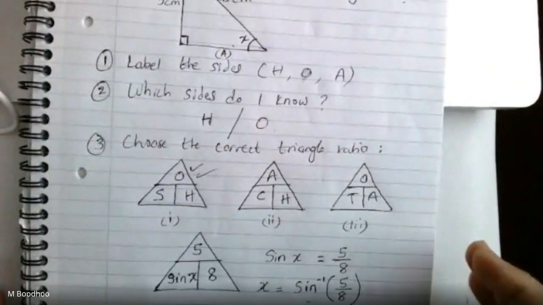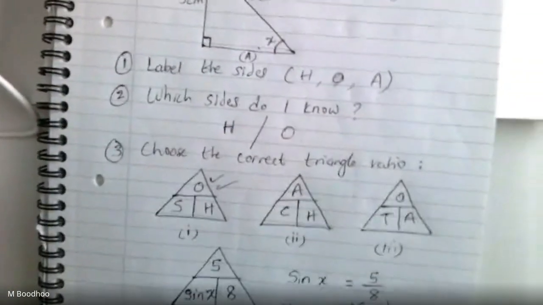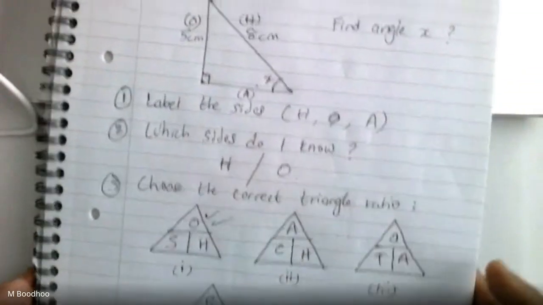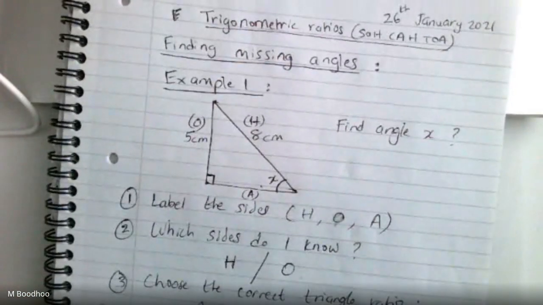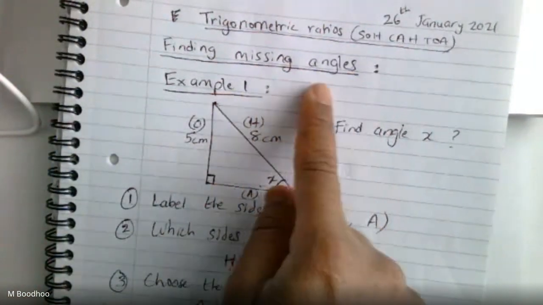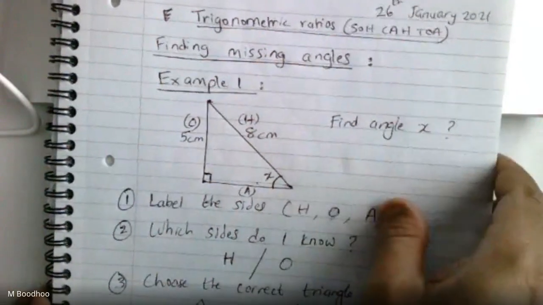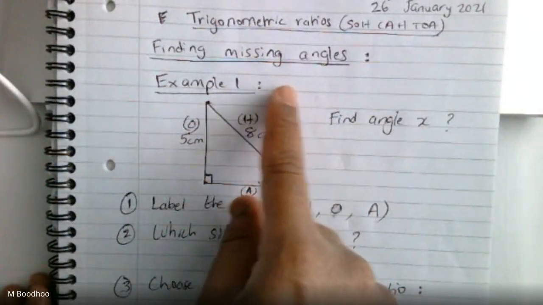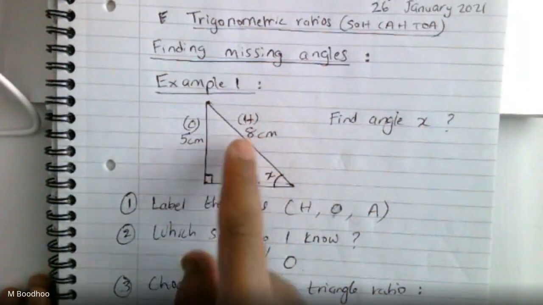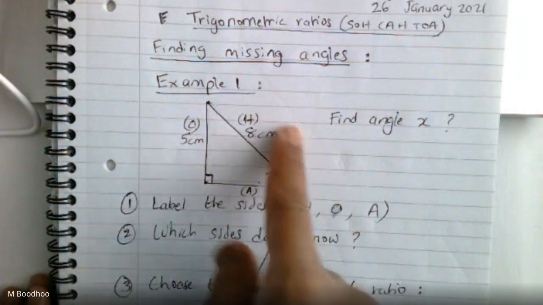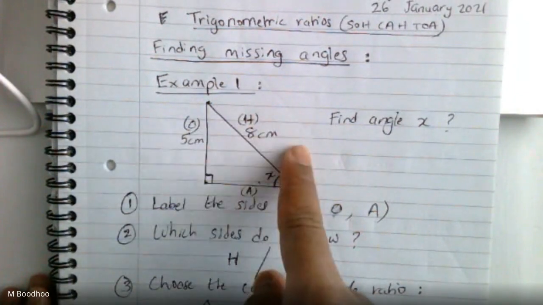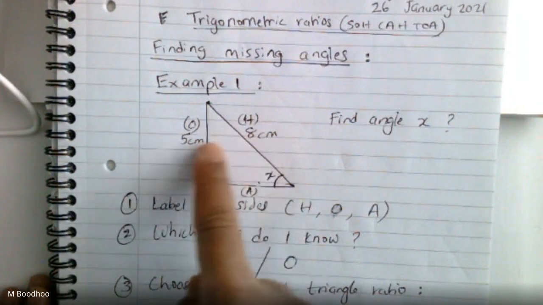Just to recap for those of you who just joined us. This time, I'm finding missing angles. I'll give you an example 1. I've got a right angle triangle here, and I've got 2 sides already given to me.